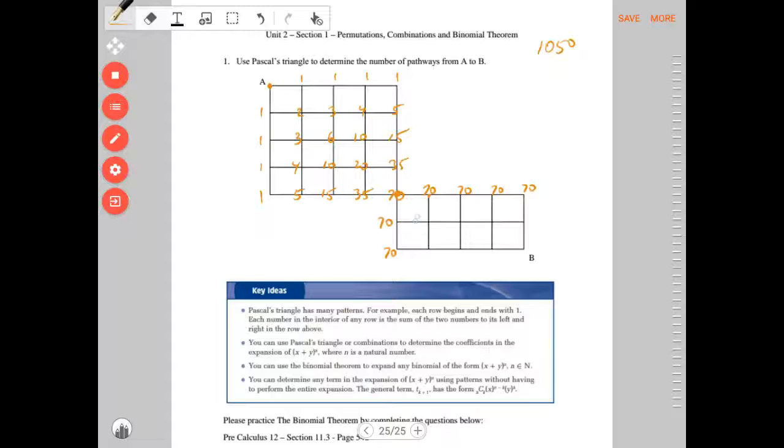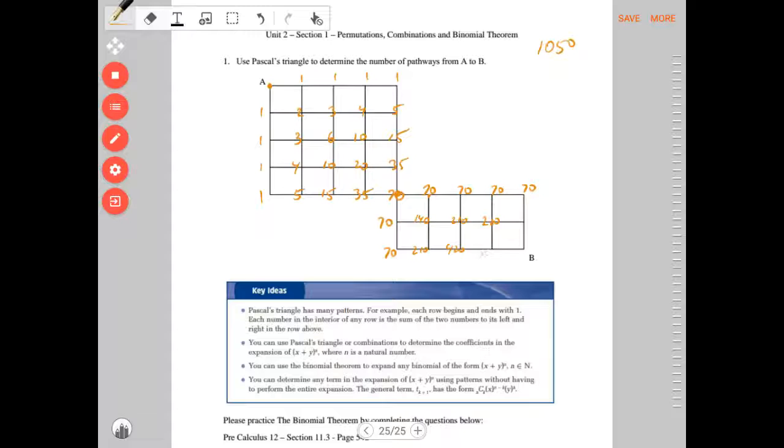Okay, so now 70 and 70 is 140. 140 and 70 is 210. 70 and 140 again is 210. 210 and 210 makes 420. 210 and 70 is 280.